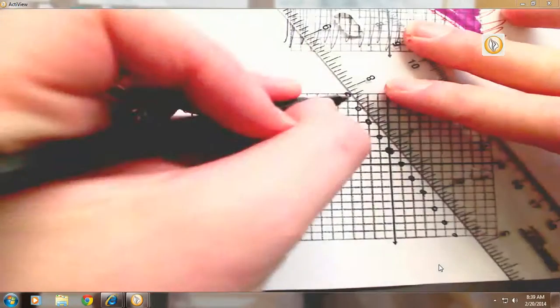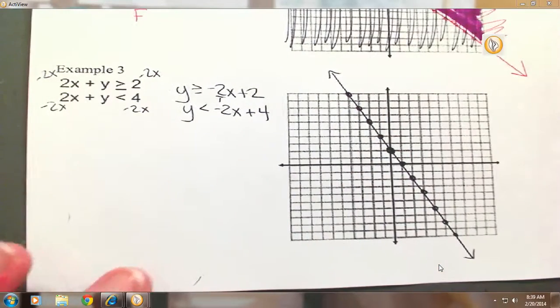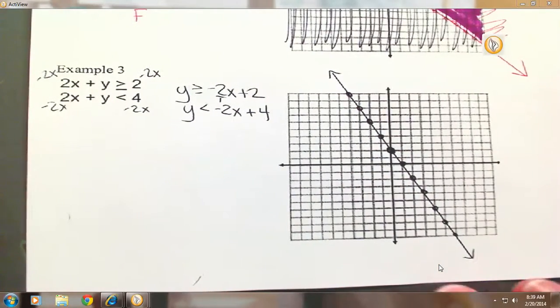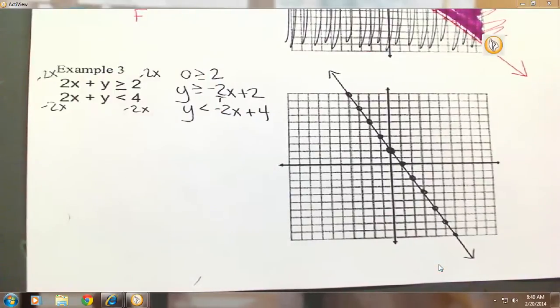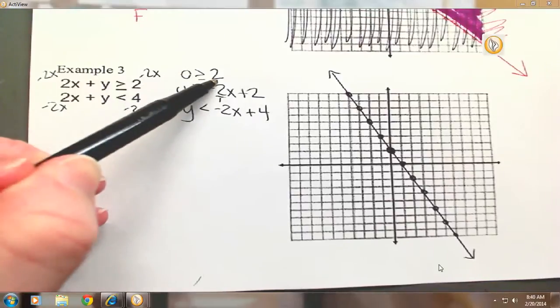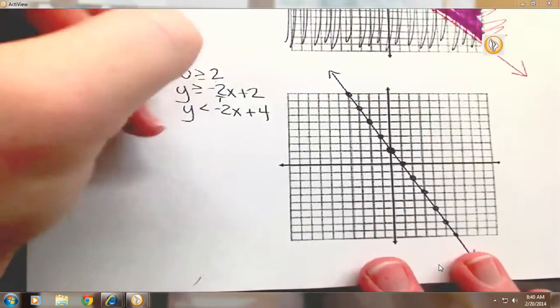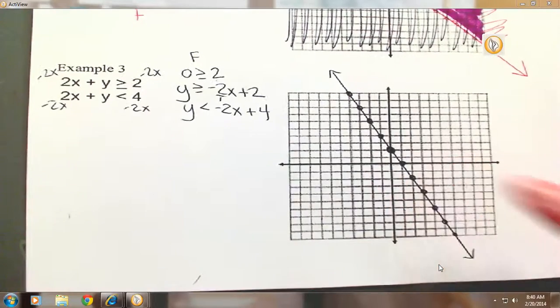Solid. Let's talk about shading. Which side of our line are we going to shade here? We have to test. So I tested 0, 0. Is 0 bigger than 2? No, 0 is smaller than 2. That's false. The side with 0, 0 is false, so we want to shade the other side.